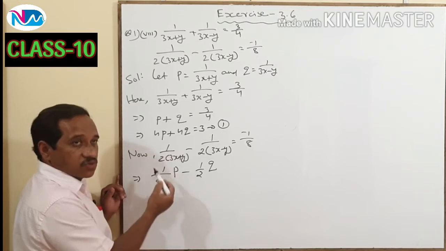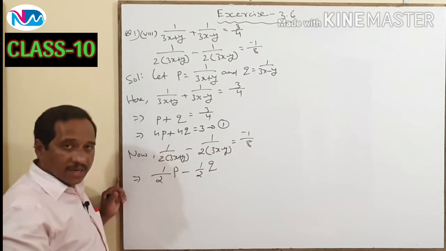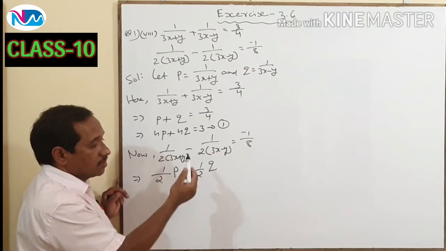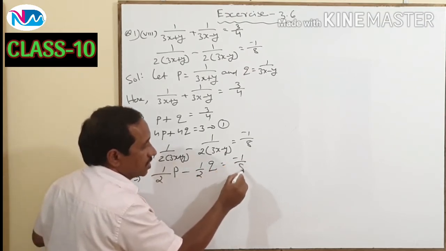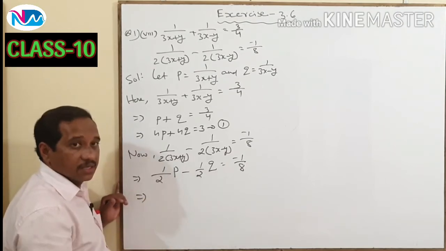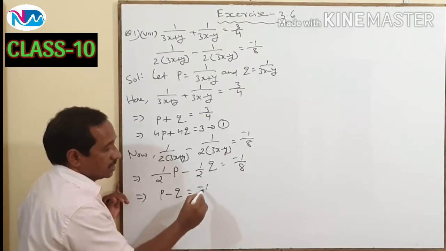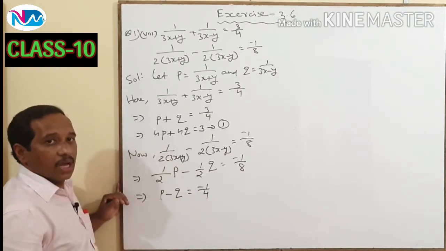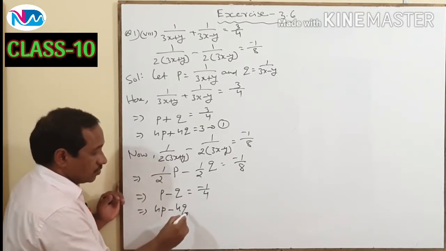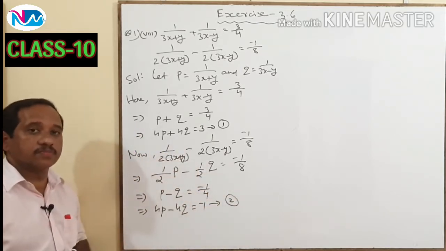So by using the substitution, the second equation becomes 1 by 2p minus 1 by 2q is equal to minus 1 by 8. Multiplying all the terms by 2, we get p minus q is equal to minus 1 by 4. And again on cross multiplying, 4p minus 4q is equal to minus 1, which is equation number 2.